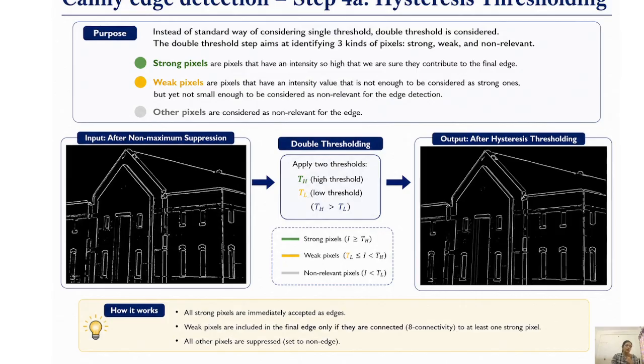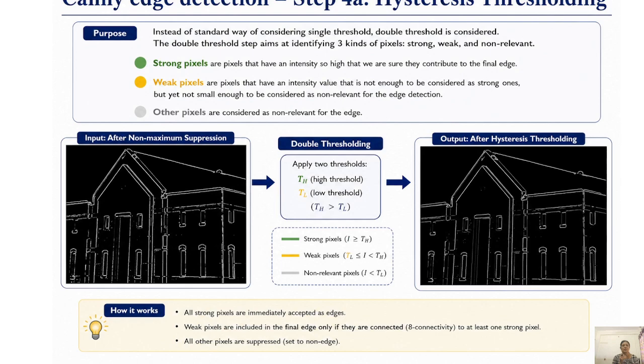Next, you have to do the hysteresis thresholding. In this step 4 we have two things, double thresholding and hysteresis.